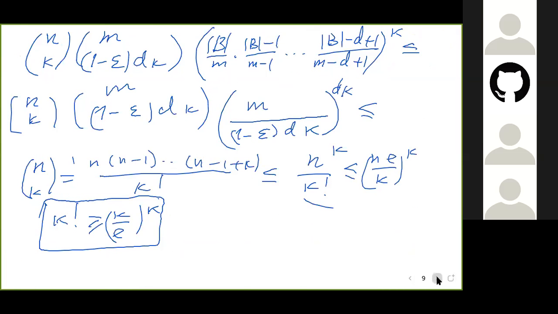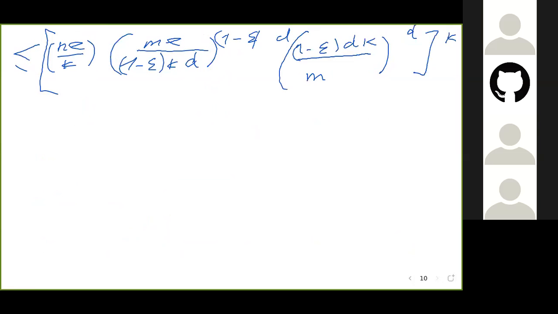So this should be corrected, writing down that actually we have a sum over all k's from 1 to n of this. And now we will choose our parameters so that this guy is at most 1/2.